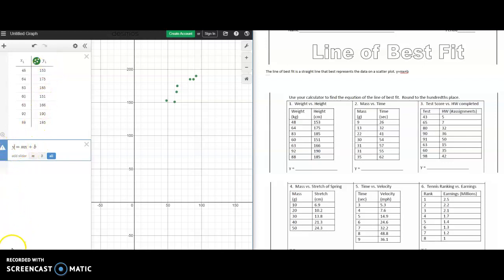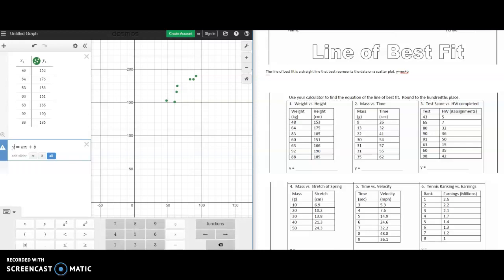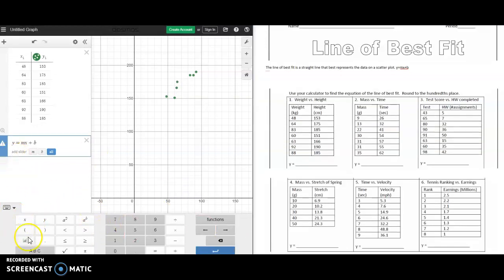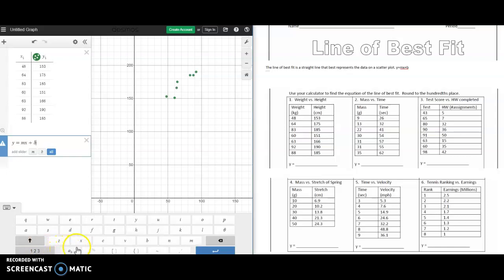So to get that y1, I'm going to click on the keyboard button down here. And I'm going to click on the ABC. Give me 1 second, I'm going to adjust the screen. All right, so I was able to adjust the screen. I'm going to click ABC. And if you notice, here is this A subscript B. This y has a subscript, the little 1. So we need to put y subscript 1.